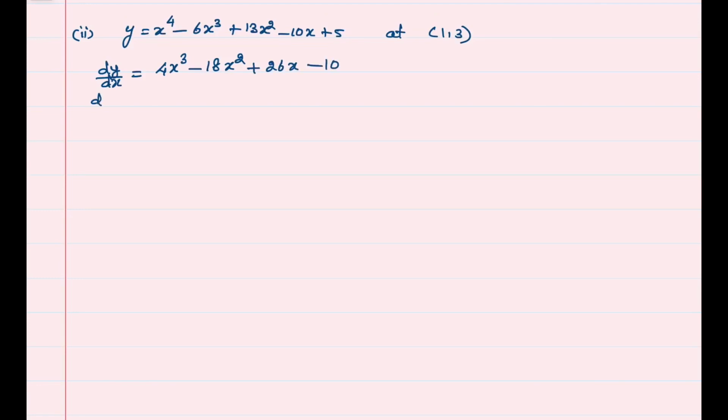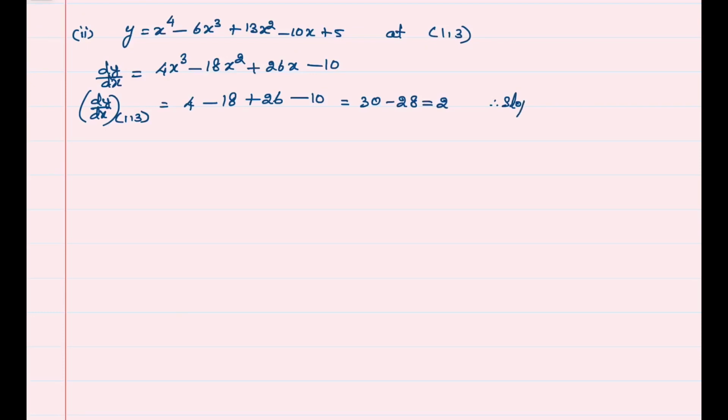We will find the slope of the tangent at the given point of contact. So x has to be taken as 1. 4 times 1 minus 18 times 1 plus 26 into 1 minus 10. 30 minus 28, which is 2. This is slope of the tangent.